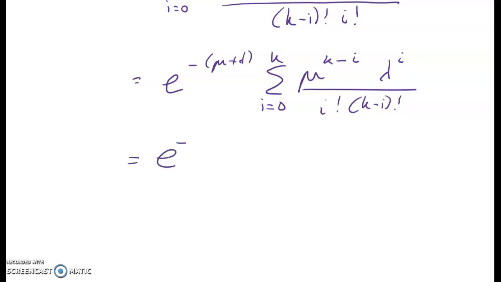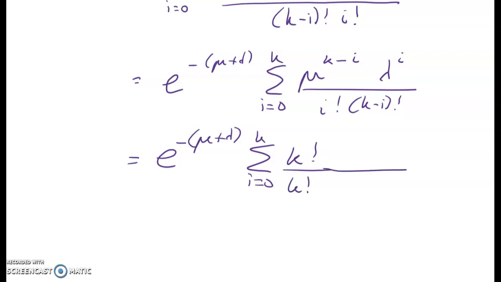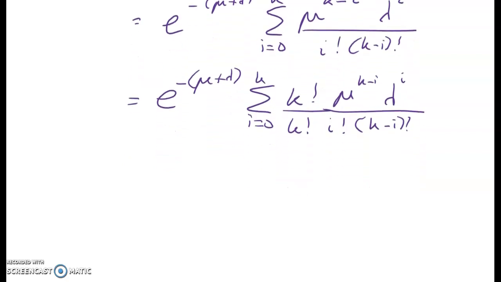So we're going to multiply in k factorial here over k factorial here, i factorial and k minus i factorial here, and mu to the k minus i times this. Now, the k factorial here is what I want to end up with in the end. And this is a constant, not depending on i, so I'm going to pull it through here.